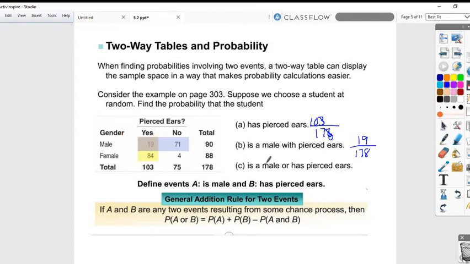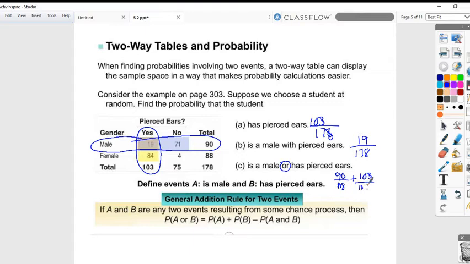The next one I want is a male or has pierced ears. So my males are 90 over 178, plus, I have no idea what's wrong with my tablet today, sorry, pierced ears is 103 over 178.